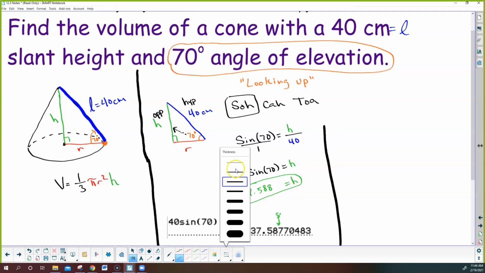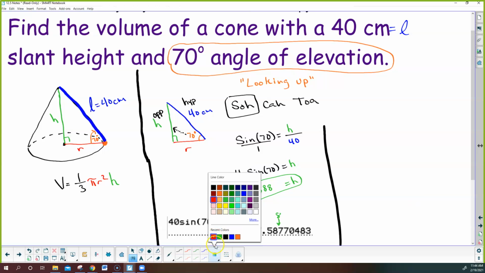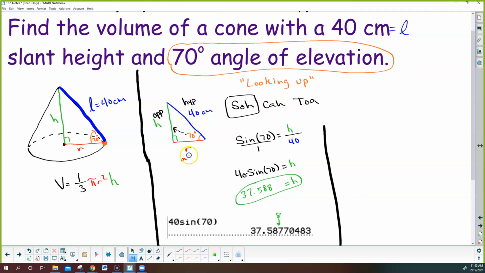So now we just have to find the radius, and you have options. If you want, you can use Pythagorean theorem with your answer that you just found for the height, but I really hope that you get more practice with Sohcahtoa. So I hope you notice that the radius is the adjacent side, and I was already given the hypotenuse, so I'm going to use cosine. I want to avoid tangent because I'm not 100% sure.